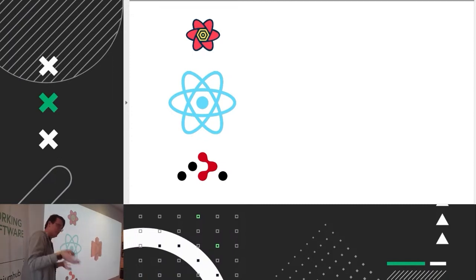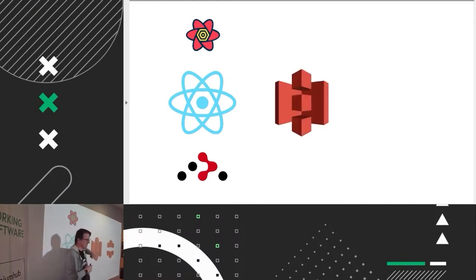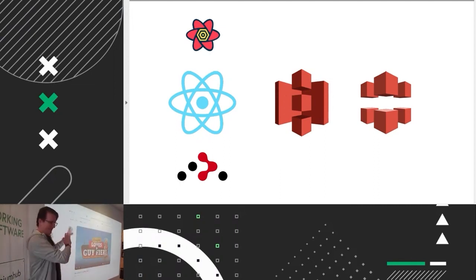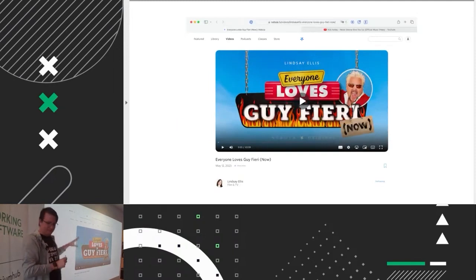All that gets packed into JS, CSS, HTML, uploaded to S3, and served with CloudFront. They're easy to distinguish because S3 has 3 cubes, and CloudFront obviously has a cloud on it. So all that serves you a nice, pretty page with video, with a player, with all that.